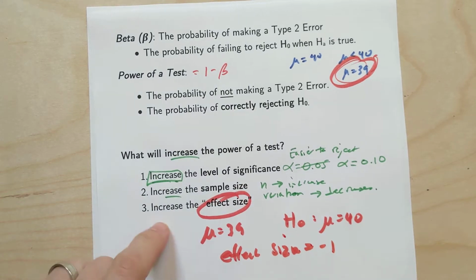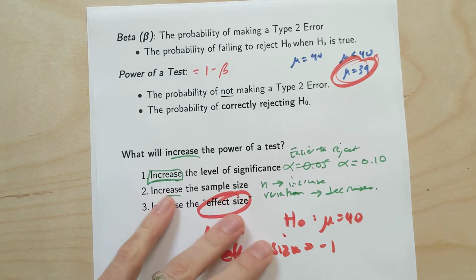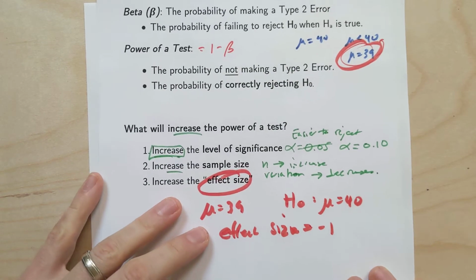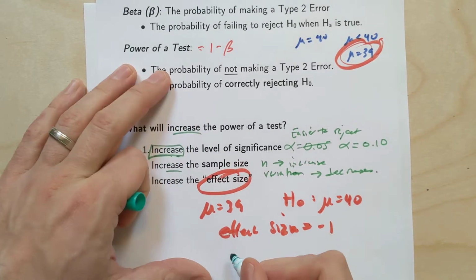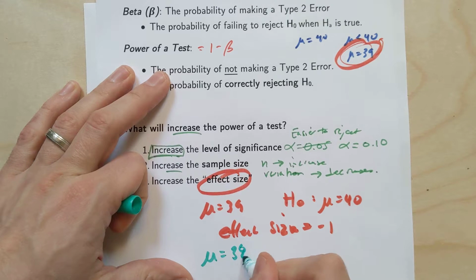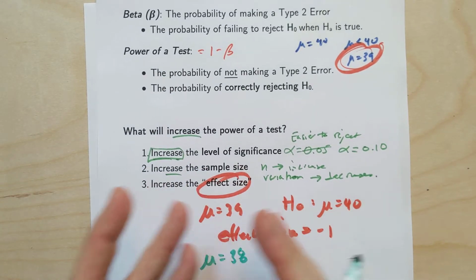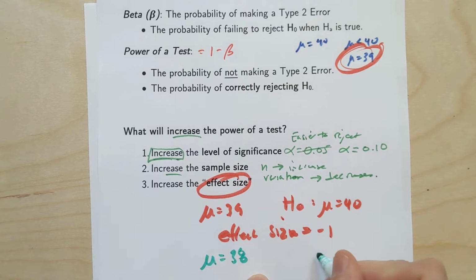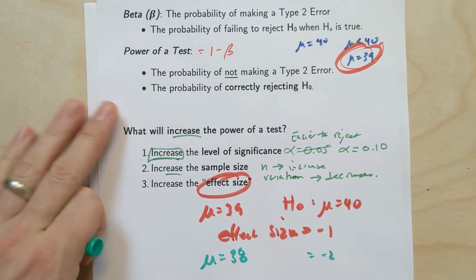And when we talk about increasing the effect size, we think of it almost like an absolute value, not increasing it exactly numerically. So in this case, we were off by 1. But let's say the truth was more dramatic, let's say the truth was 38. Then the effect size would now be equal to -2, because this is 2 away from the null hypothesis.